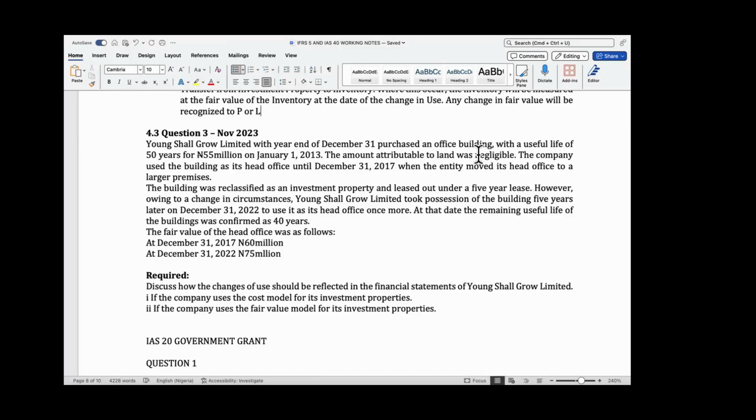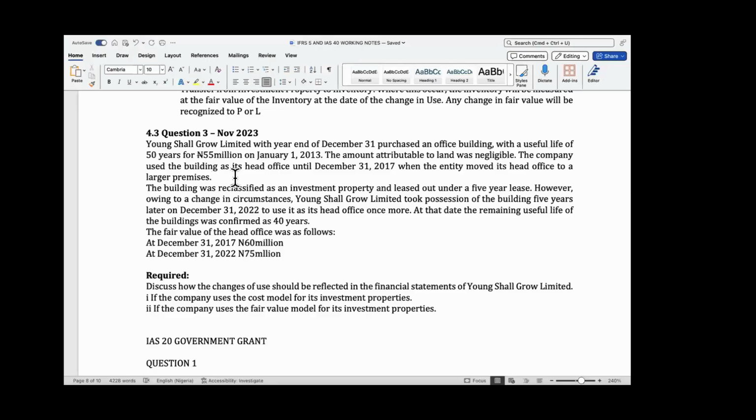The company used the building as its head office until December 31st, 2017, when the entity moved its head office to a larger premises. The building was classified as an investment property and leased out under a 5-year lease.